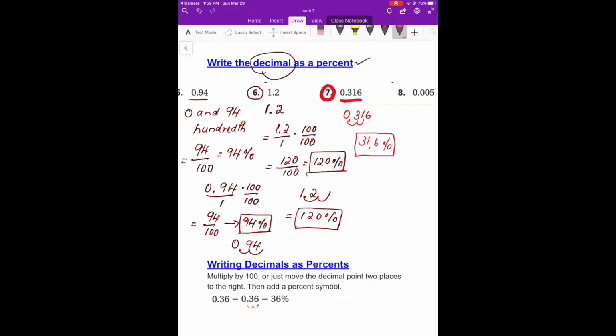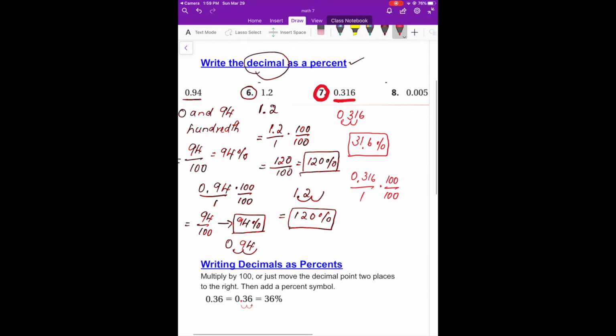31.6%. Or in other words, if I have 0.316 over 1, I will multiply that by 100 over 100 because I am looking for a 100 in the denominator. So when you multiply 0.316 by 100, I will get 31.6 over 100, which is going to be 31.6%.